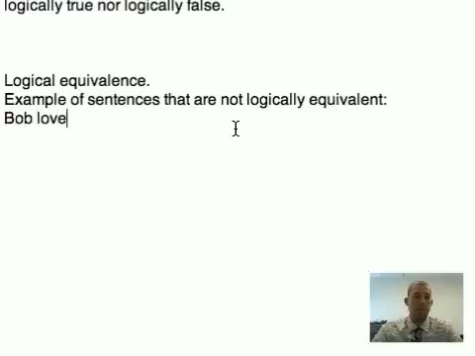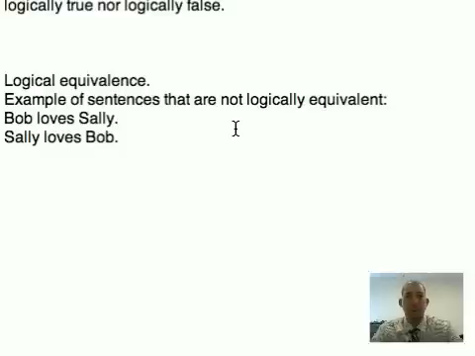Bob loves Sally. Sally loves Bob. These sentences are not logically equivalent. Why? Well, because they're saying different things. Right? I mean, Bob loving Sally does not imply that Sally then also loves Bob. Poor Bob. But some sentences are actually going to be logically equivalent.